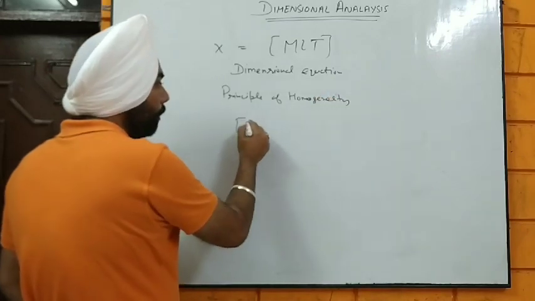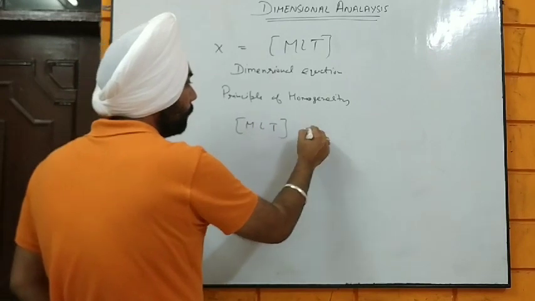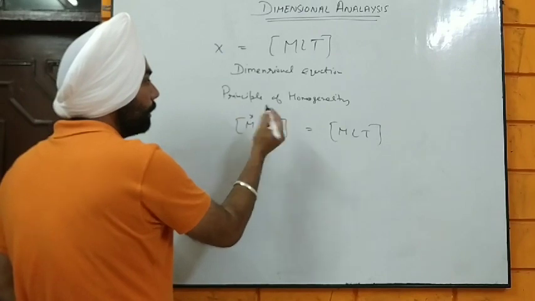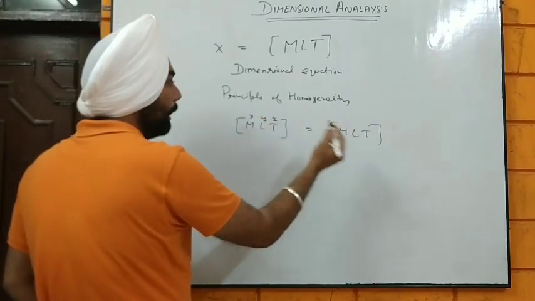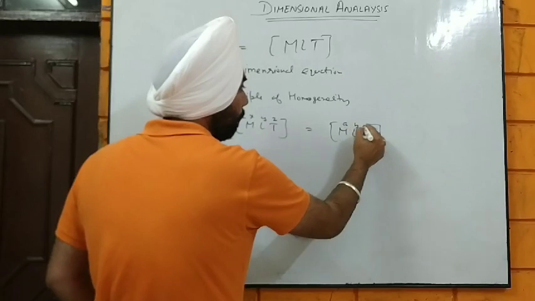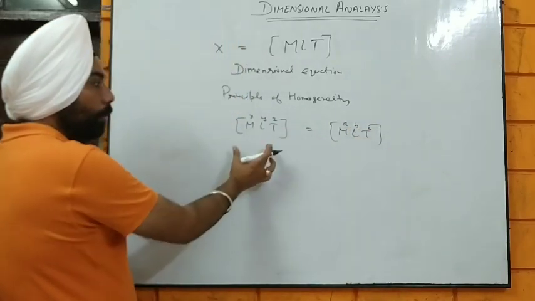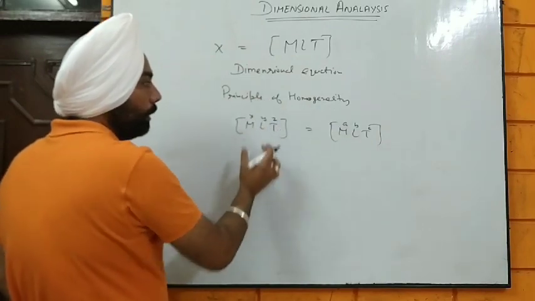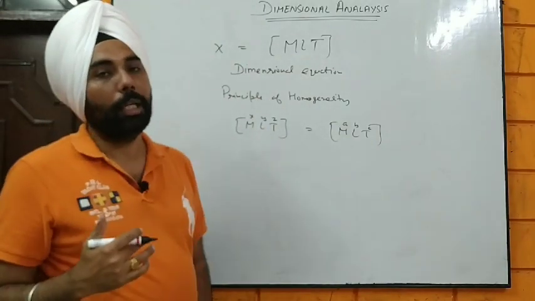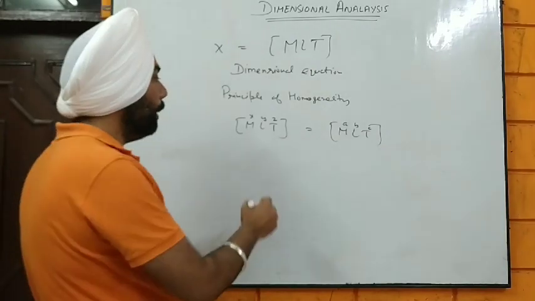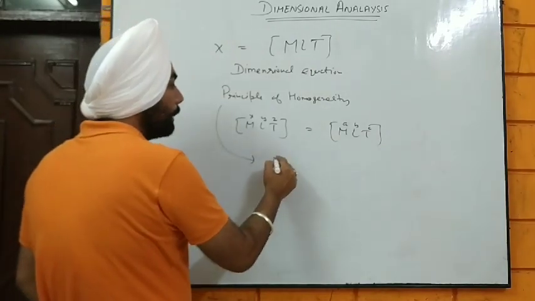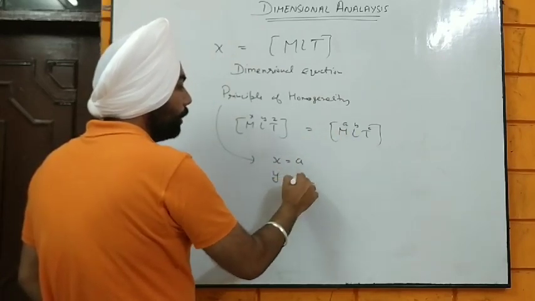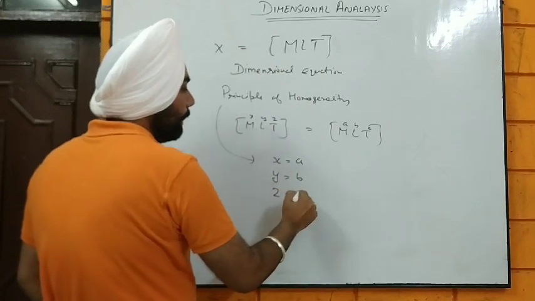If two dimensional formulas are equal and they have different powers, let's say the powers are x, y and z here, and the powers are a, b and c here, then according to the principle of homogeneity the powers of mass, length and time are also equal. That means x is equal to a, the powers of M, y is equal to b, and z is equal to c.